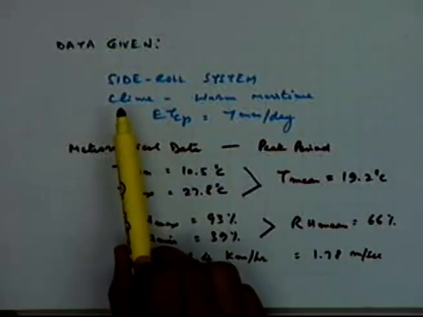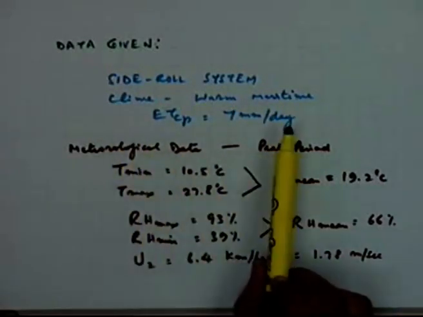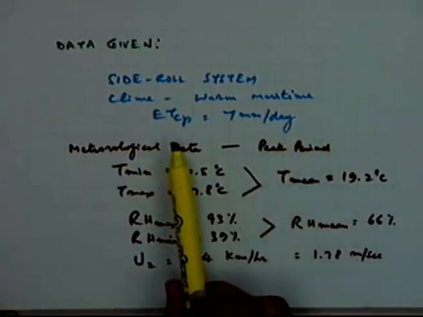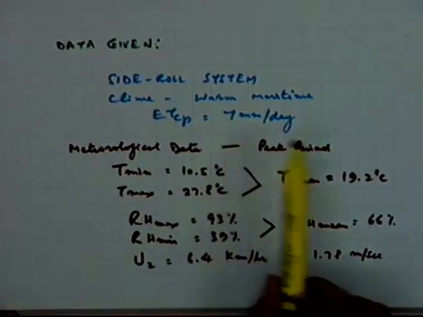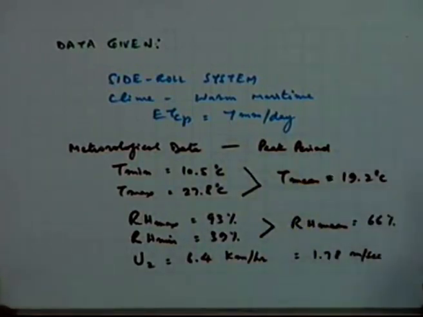Lecture we had decided to go through one exercise to look at some of the design concepts which we have been studying, and we had seen that the data given for this particular exercise is we have a side roll system, the climate is warm maritime, with the evapotranspiration activity, the peak evapotranspiration rate of 7 millimeters per day, and the meteorological data we had noted down which is available for that area during that period.